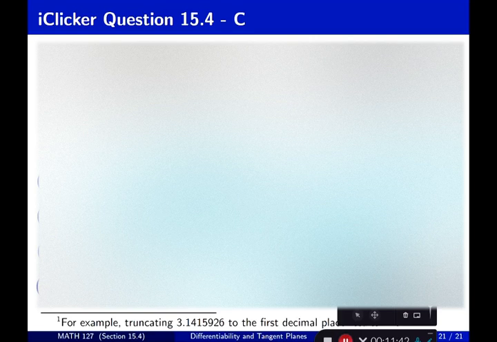Each partial has a maximum value of 1,000, and the maximum error that can happen by truncating is 0.1. So 4 times 1,000 times 0.1, D is the answer.